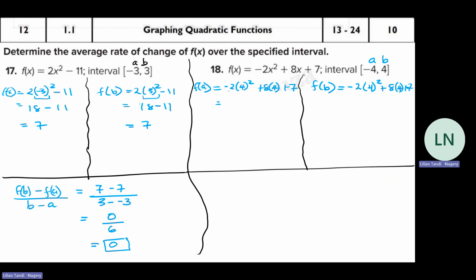This is 16 times negative 2. That gives you negative 32 plus 32 plus 7. This is 0. So that is 7. Okay.